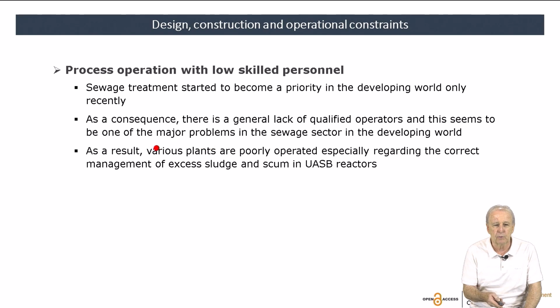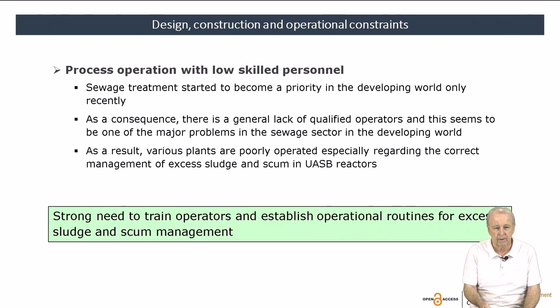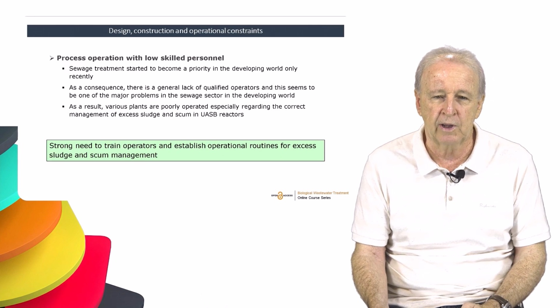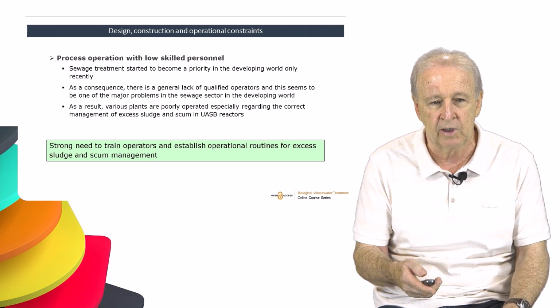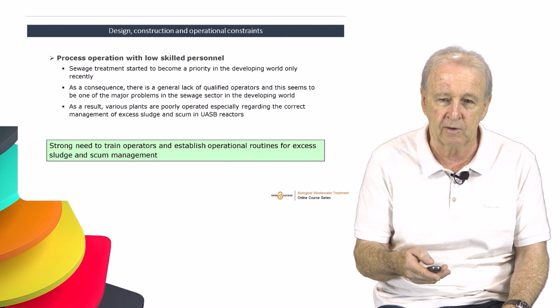And as a result, various plants are poorly operated, especially regarding the correct management of excess sludge and also scum in UASB reactors, as I mentioned before. And there is a strong need to train operators and establish operational routines for excess sludge and scum management.